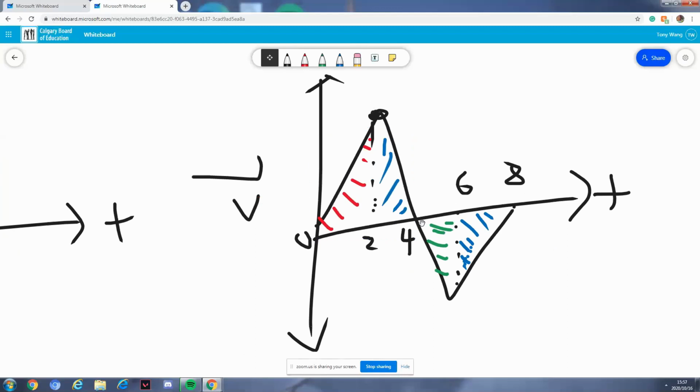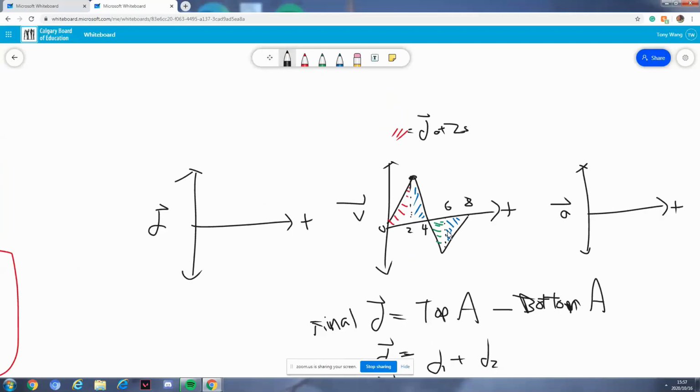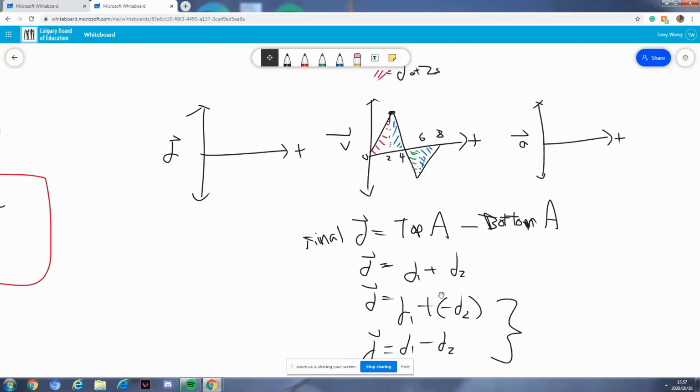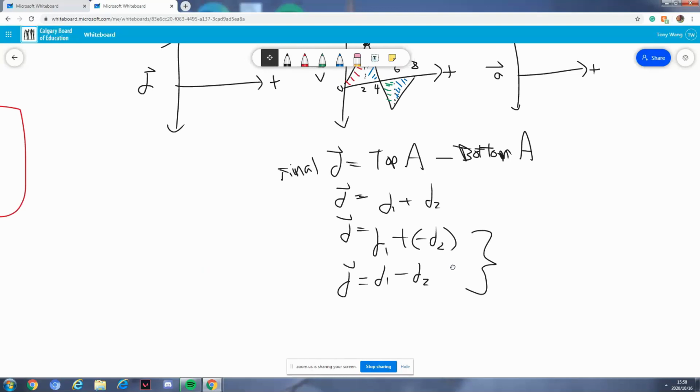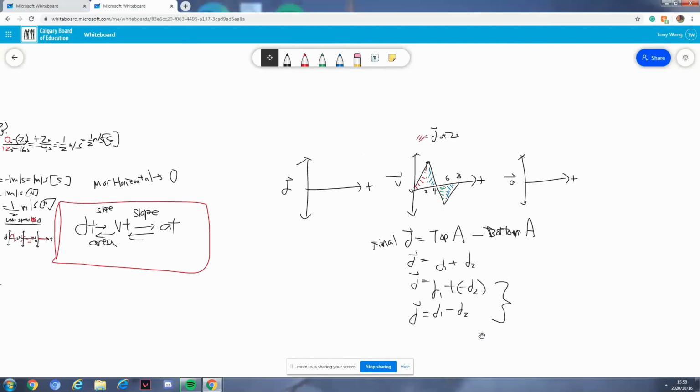This green and blue use negative velocity, so they would get a negative displacement. So if we add them, we could get the same answer. Or if we use positive velocity, just the magnitude of the number, and subtract it, we'll get the same answer. It's because of a plus and minus thing.